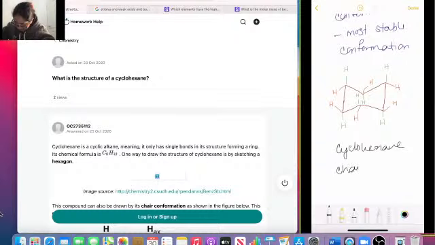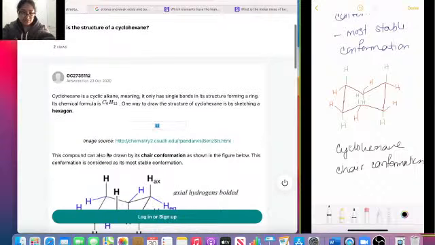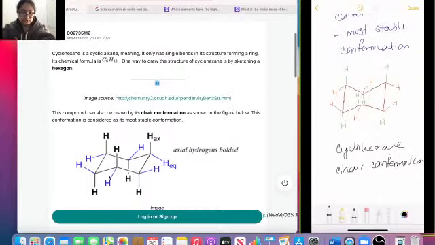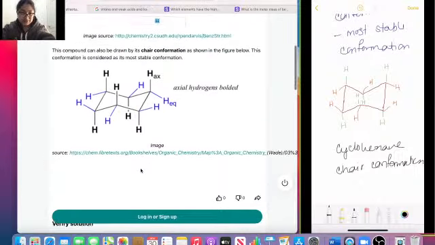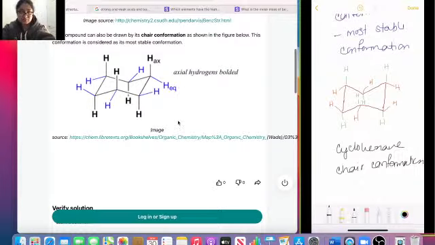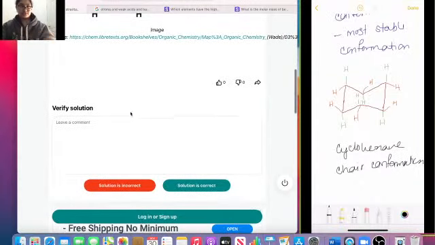This is your formula, C6H12, and this is how the chair conformation looks, where your axial hydrogens are bolded, right? These are your black ones, and so this is correct.